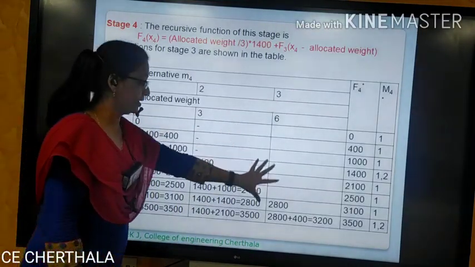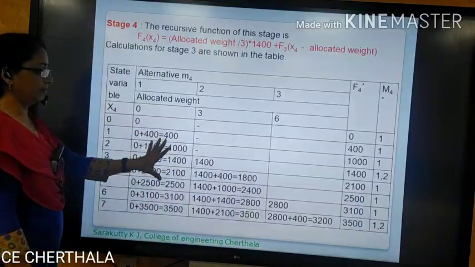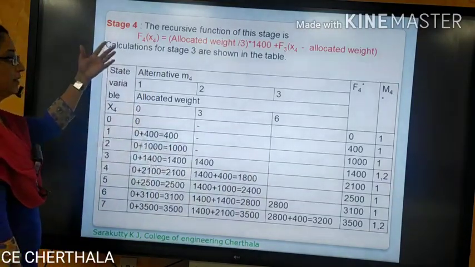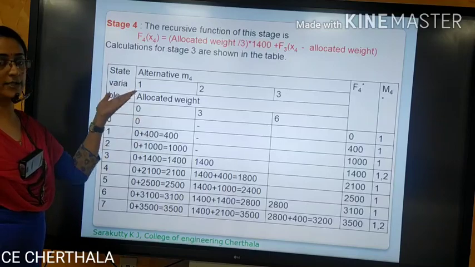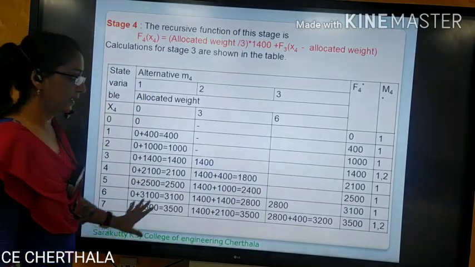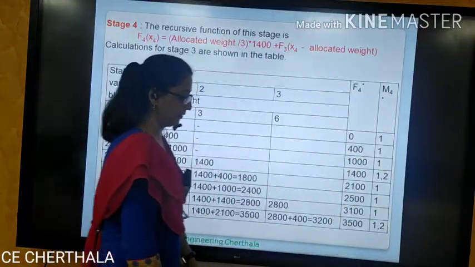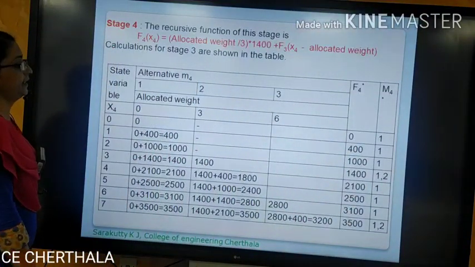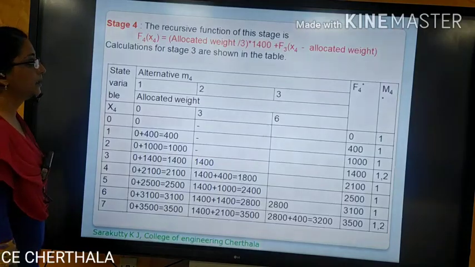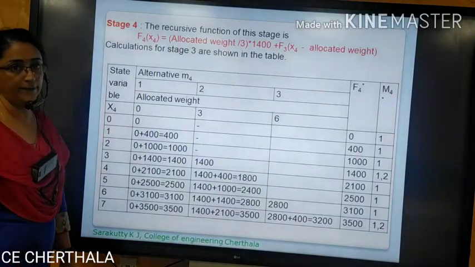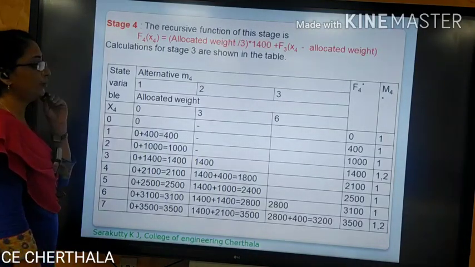Now these calculations can be obtained by using the same procedure which we have used in stage 2 and stage 3. And these are the function maximum and the different alternatives. So all the stages are over because we have only 4 items. Therefore we have 4 stages.